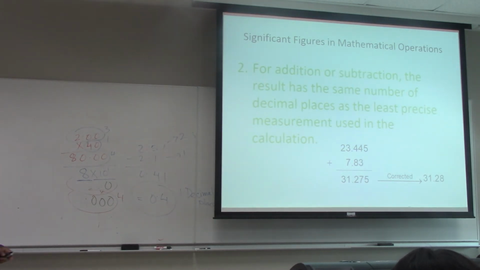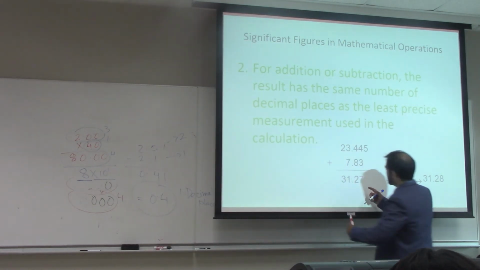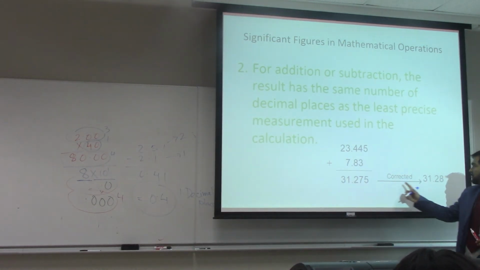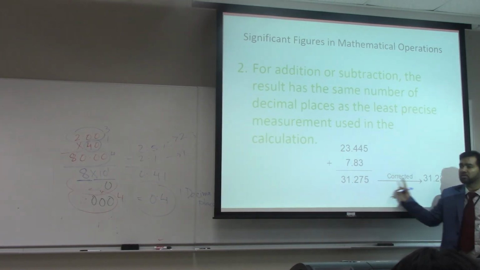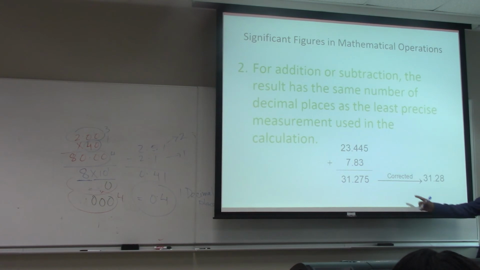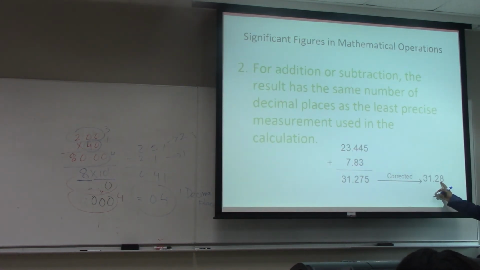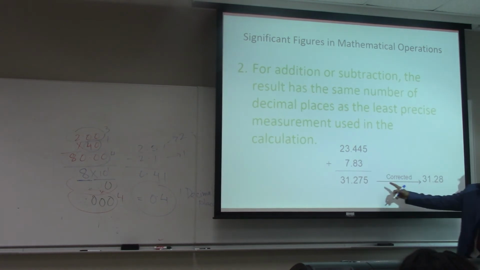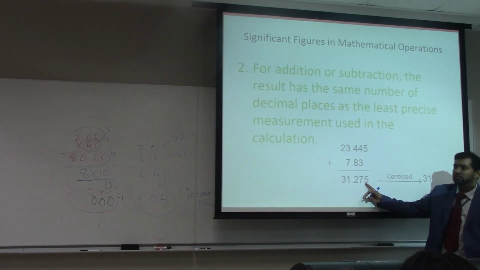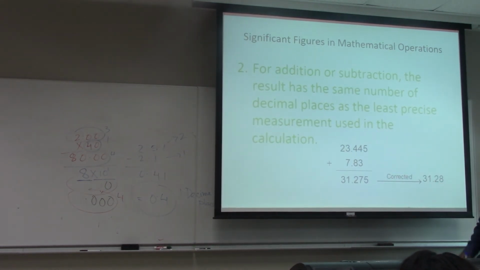And one more thing is how you make 31.275 into 2.8. It was 7. What did you write? 8. You round it up. When you round up, the place you are retaining will add 1 if the digit being cut off is 5 or more. So this is 5 or more. That's why 7 becomes 8.